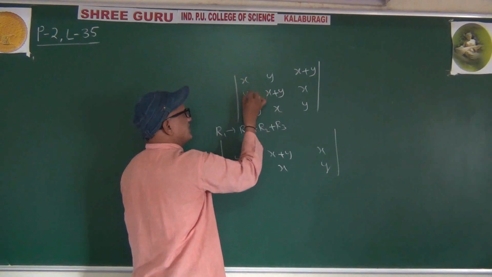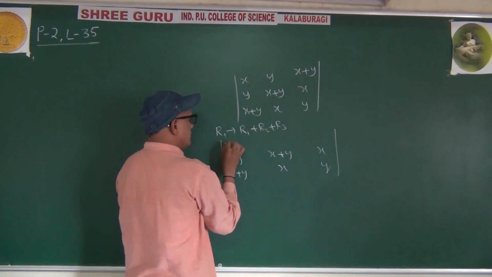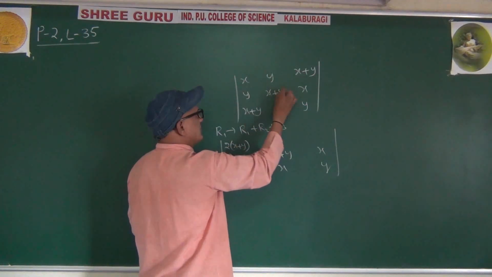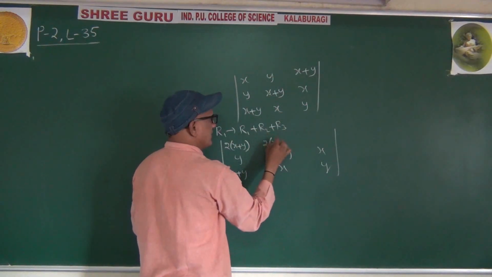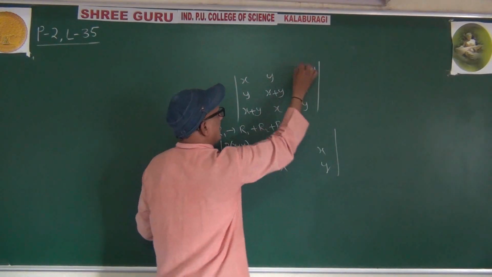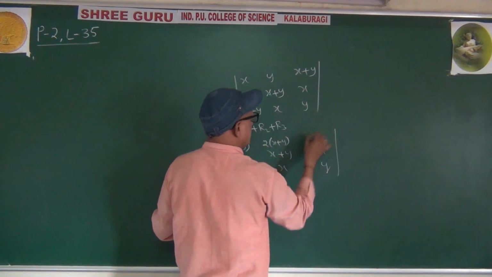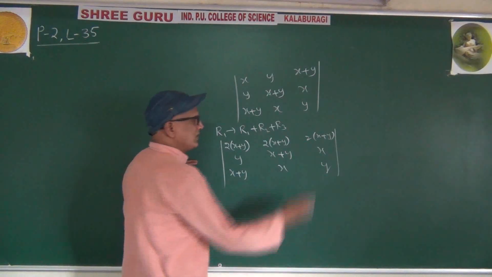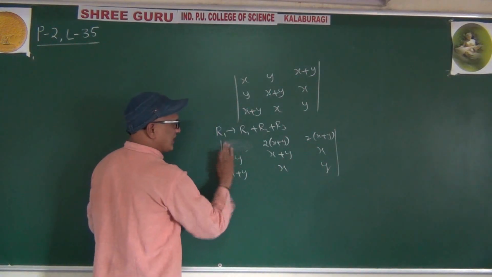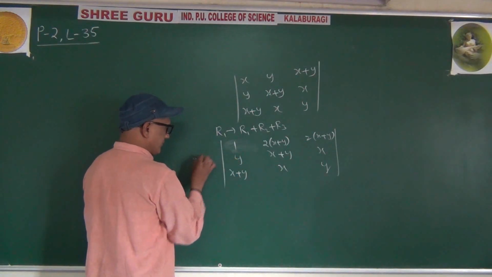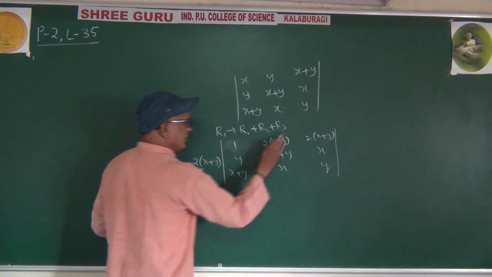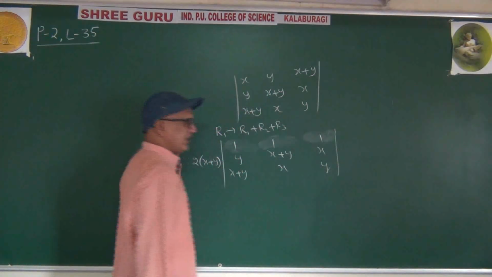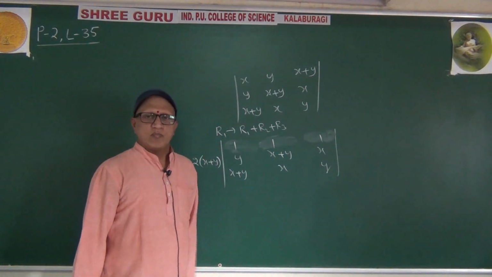You will get x plus y plus x plus y, 2 times x plus y. Next step, 2 into x plus y common. 2 into x plus y went out. 3 ones we got.